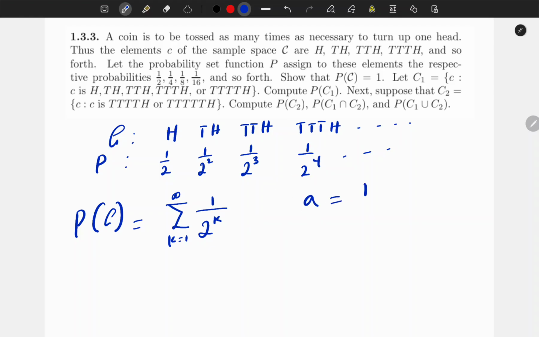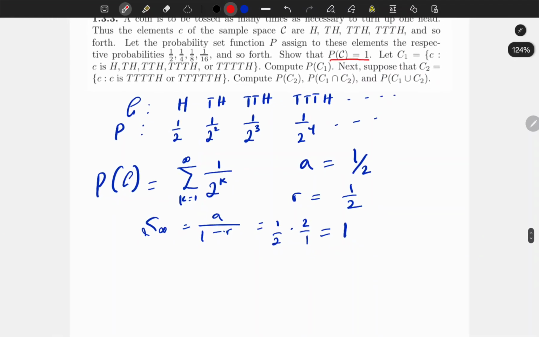Our first term will be 1 over 2, and the common ratio is also 1 over 2. The sum to infinity of a series is a over 1 minus r, and that is half times 2 over 1, which equals 1. So that's verified.